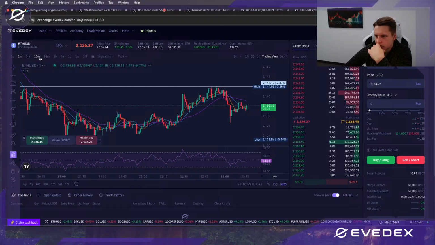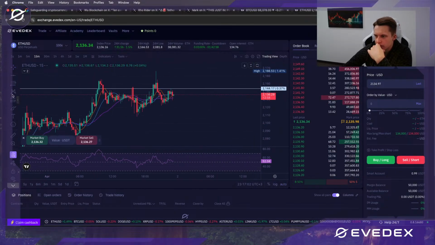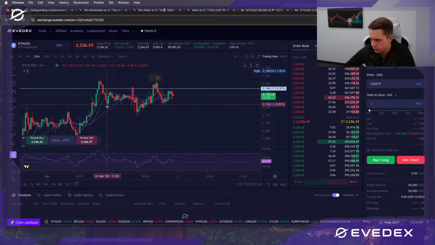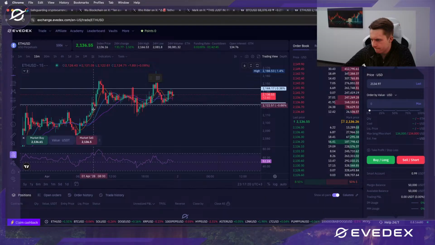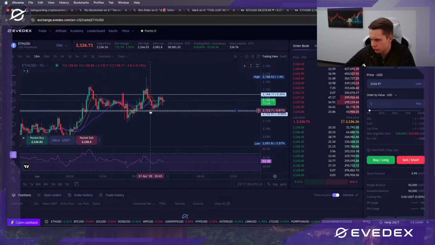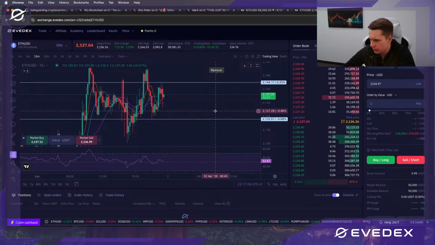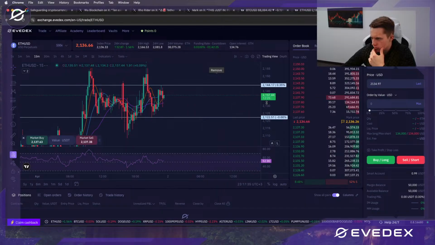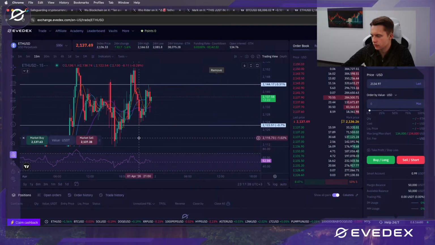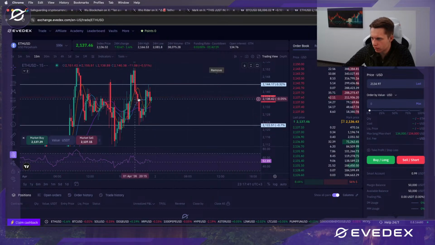As for the support level, we can take a look at, say for example, here, or if we were to go, I think that second one seems to be a bit more accurate. So based off of that, we have a pretty strong support and resistance level.